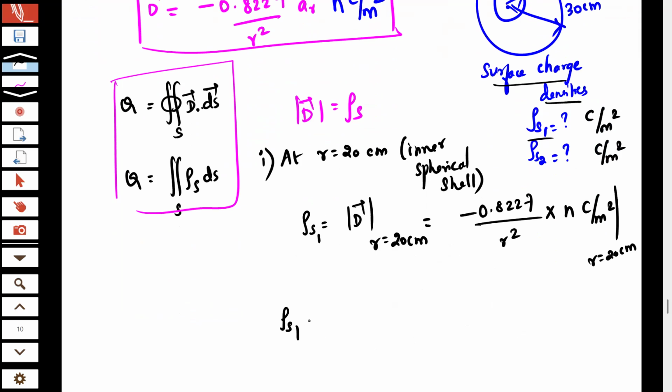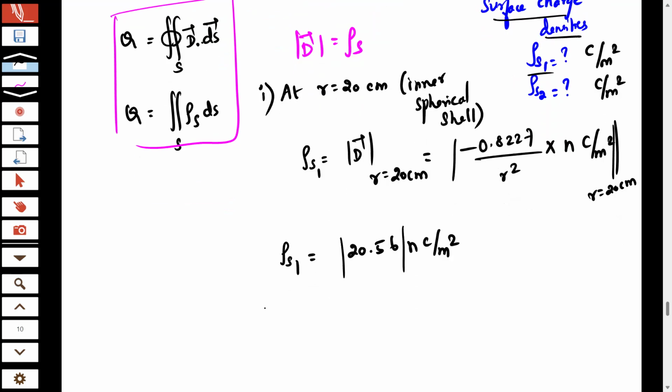So rho S1 will be equal to, I will be writing the answer directly for you to refer, for 20 centimeter, minus 20.56 nanocoulomb per meter square. So this becomes the magnitude. Let us understand the sign later. Let us consider only the magnitude for now.